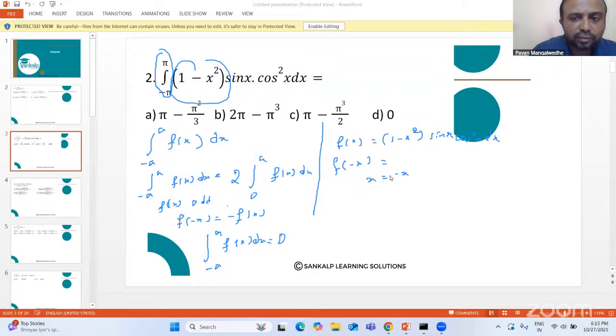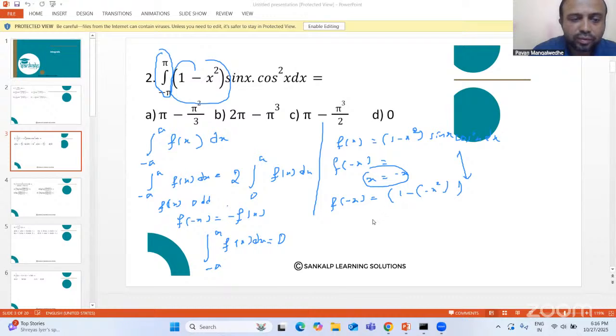So f of minus x is (1 minus of minus x square) into sin of minus x into cos square of minus x.